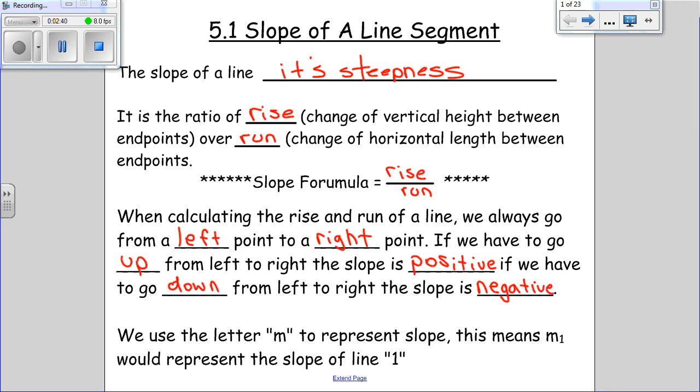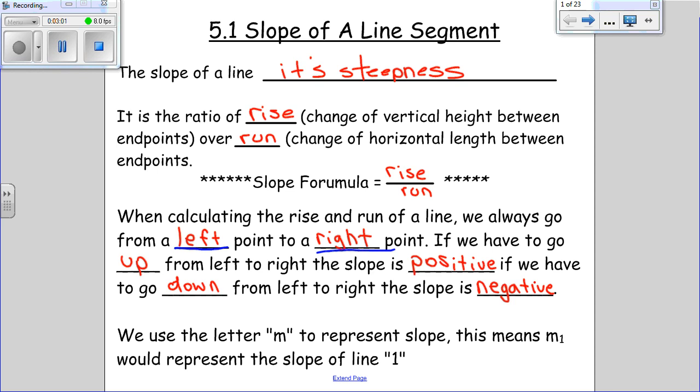Up is positive, down is negative, but that only works if you're going left to right. Otherwise, it's backwards. If you're going from right to left, it's the reverse of that. That's why it's so important that when we're doing our slope, you just go left to right, like reading a book.